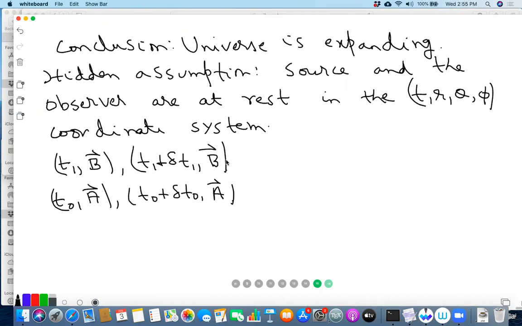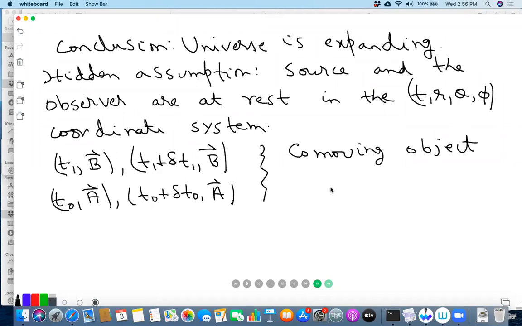This is basically saying that the source is at rest in this coordinate system, and this is telling us that the observer is at rest in this coordinate system. So these are what are called co-moving objects. An object which is at rest in this coordinate system is called a co-moving object.